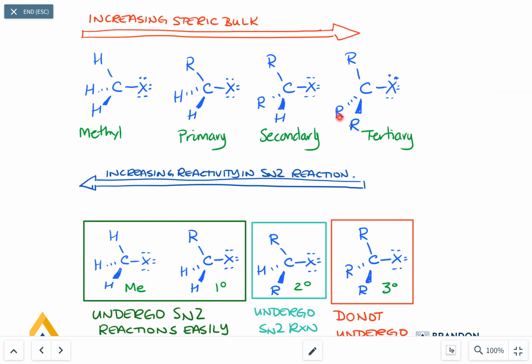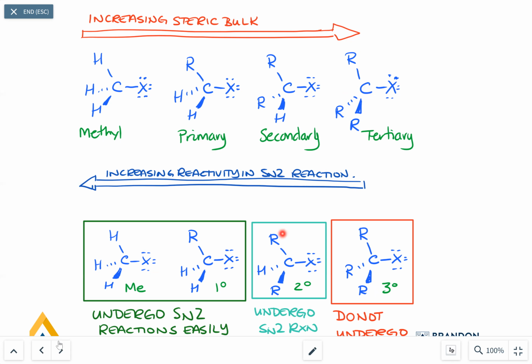So as the steric bulk increases, the rate decreases because the nucleophile has to attack from the opposite side. That's basically it for substitution reactions. So methyl and primary are going to be fast. Secondary are going to be slower. Tertiary are going to be the slowest.